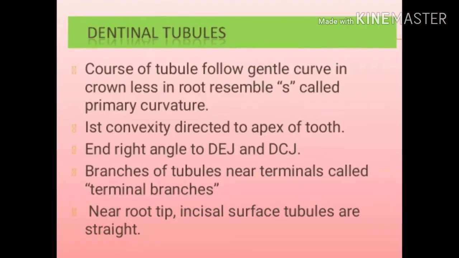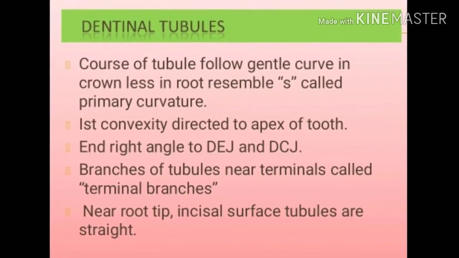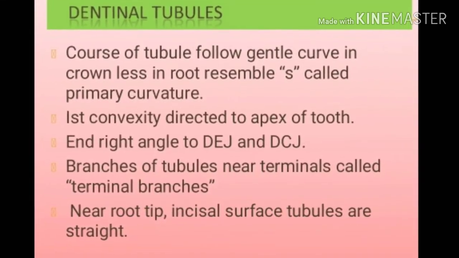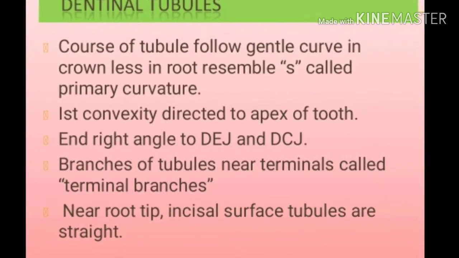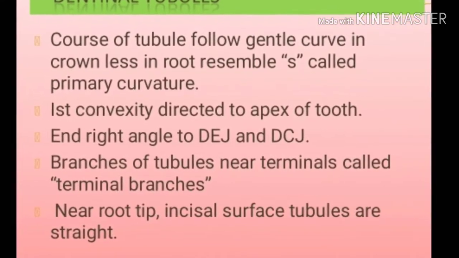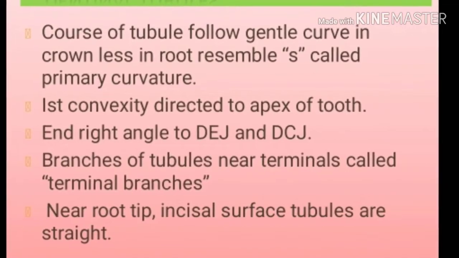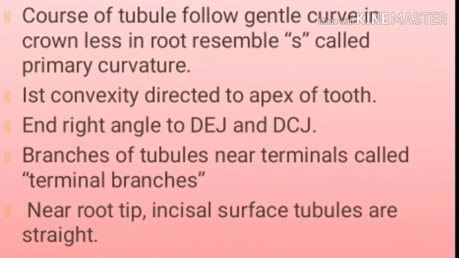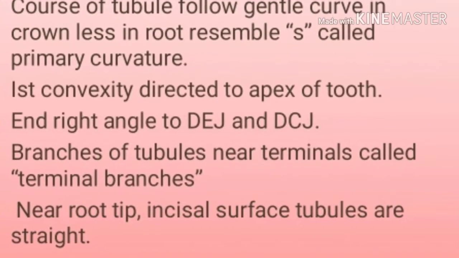The course of tubules follows a gentle curve in the crown, less in the root, resembling an S, called primary curvature. The first convexity is directed to the apex of the tooth, at right angles to the dentino-enamel junction and dentino-cemental junction. Branches of tubules near terminals are called terminal branches.